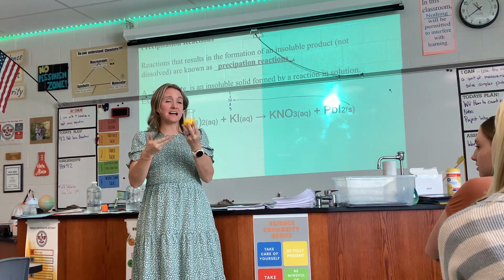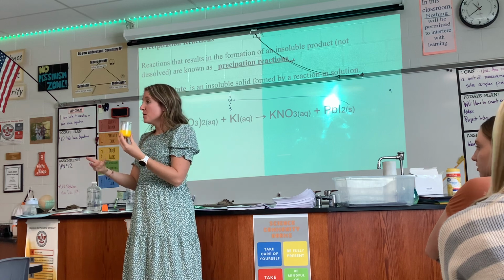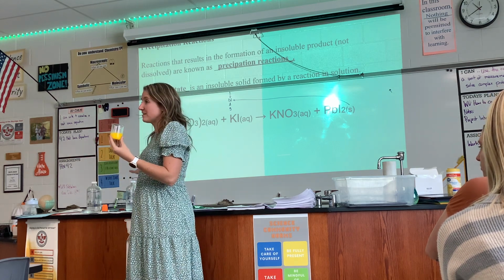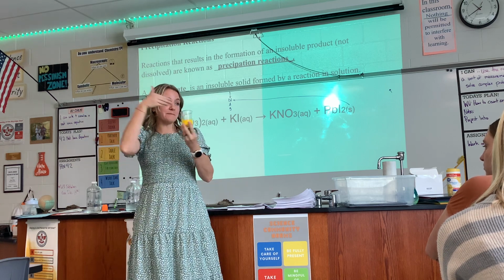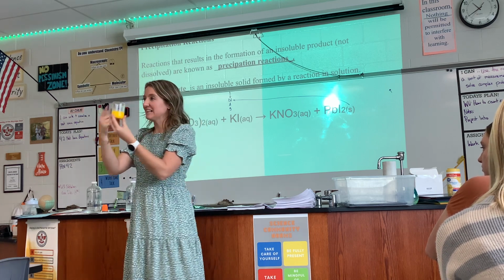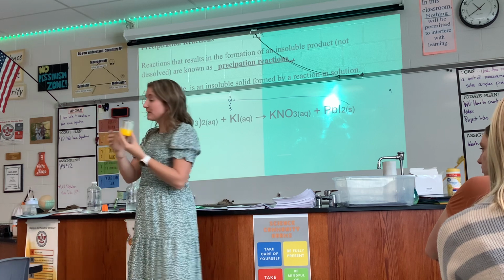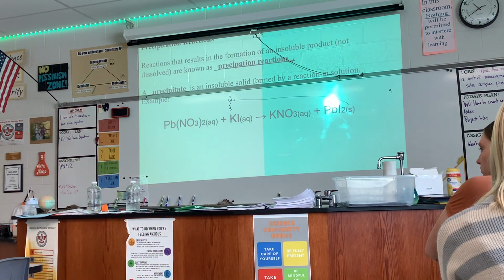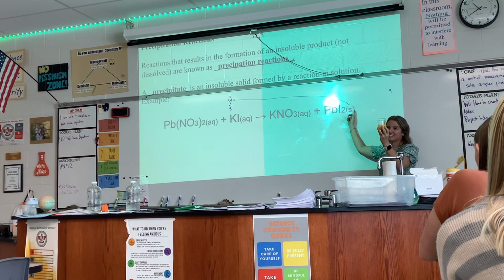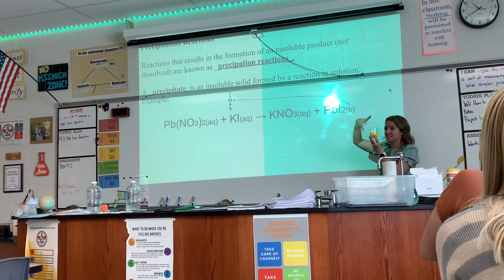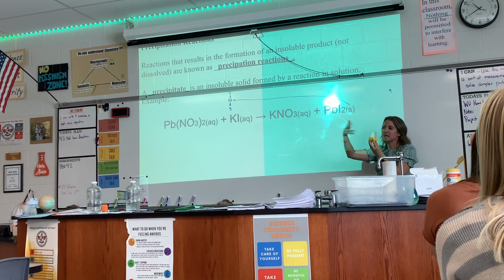So a precipitation reaction will always have the same pattern, where you're starting with 2 aqueous substances, you pour them together, it gets cloudy because you created a solid. So don't be deceived, this is not a yellow liquid. It's a solid that's been stirred around because it was made as I poured it, and so it's like muddy water, right?